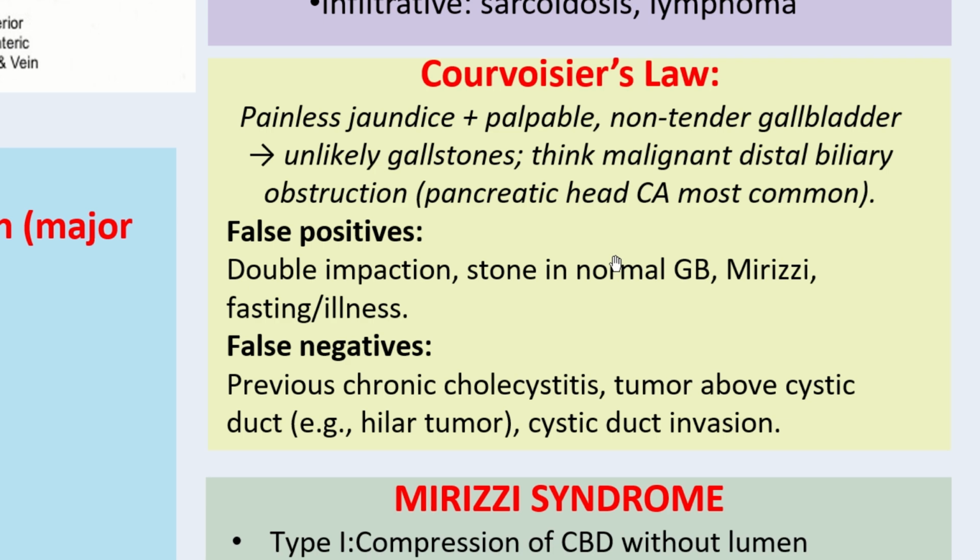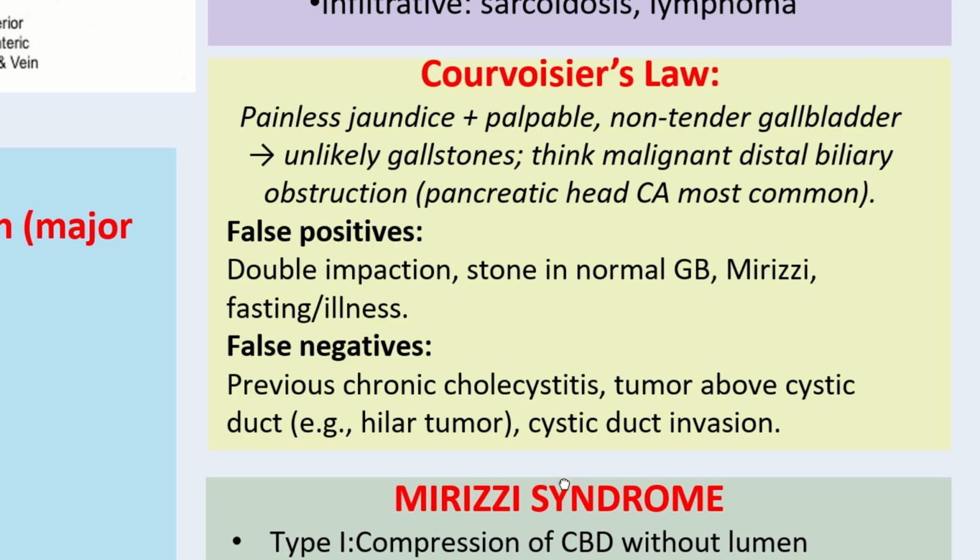This also gives a false negative, because the tumor is causing obstruction but you cannot palpate the gallbladder, so you would think there is no tumor according to Courvoisier's law. And then with cystic duct invasion, if the tumor is above the cystic duct, we may also think the gallbladder will not be palpable. So if you check and say, oh, I have no palpable gallbladder, so it is not a tumor.